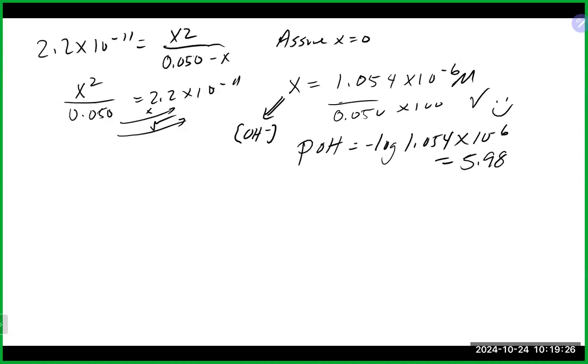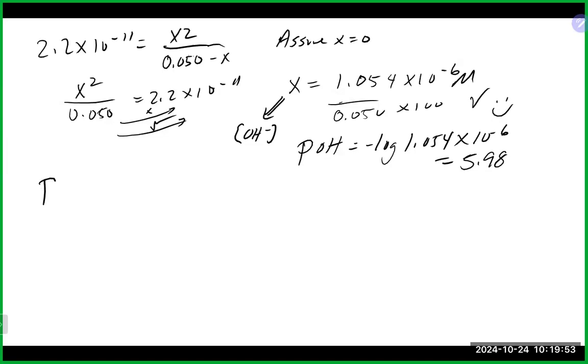So again, at this point, if you got confused, what sometimes happens is people think that's the H plus concentration, and you calculate this pH, which is really the pOH, and you think it's 5.98. It really should not make sense to you based on the type of titration it is, because at the equivalence point, you know it should be basic.